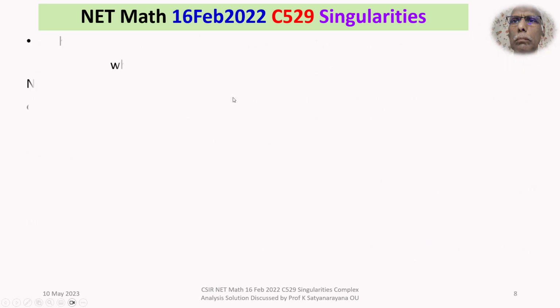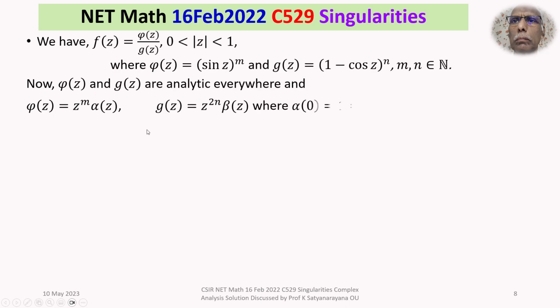We continue in the next slide. That's what we have done so far. So this will imply phi of z is equal to z to the power of m into alpha z, and alpha of 0 not equal to 0 will imply z is equal to 0 is a 0 of order m for this function phi of z.